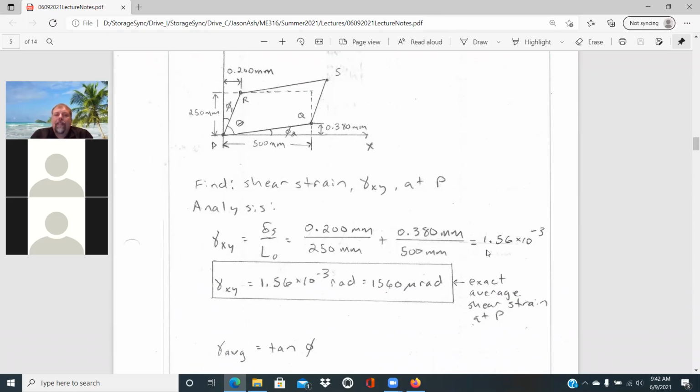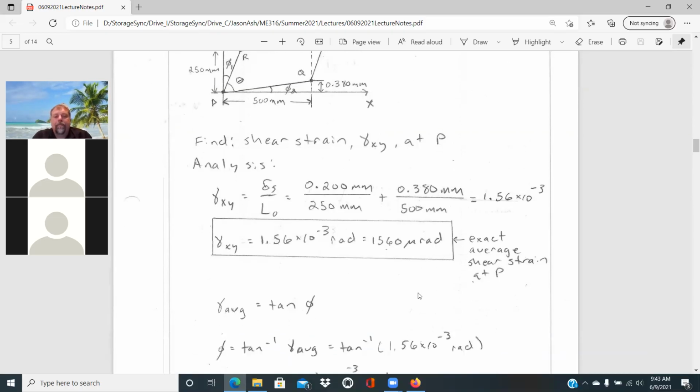That's not taking into account solving for the angles phi1 and phi2; that's just solving exactly for the shear strain based on the definition. So gamma xy again is 1.56 times 10 to the minus third radians. If we multiply that by 10 to the sixth, that gives us 1,560 microradians, and that's the exact average shear strain at P.